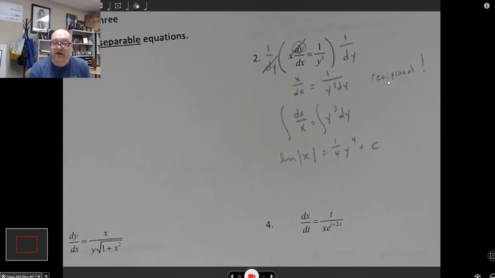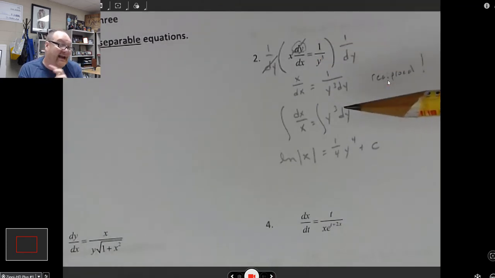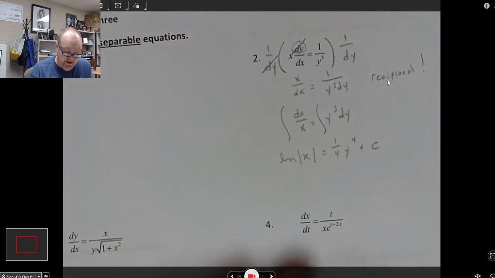All right, so I want to talk about a couple of things that we can do here to simplify this. We've essentially solved the differential equation. Since y is my dependent variable, and I know that because it's in the numerator from last week, it's sort of nice if I could get y by itself. And again, we get into a little bit of gray area here as to what's a valid answer.